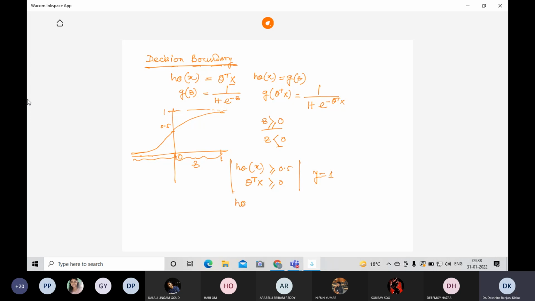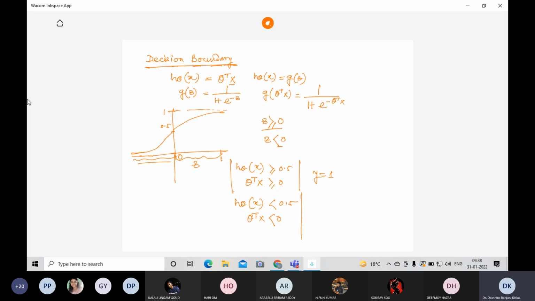And h theta x will be less than 0.5 when theta transpose x is less than 0. That means this part, the right of this part is positive for z values, and the left of this part is negative for z values.